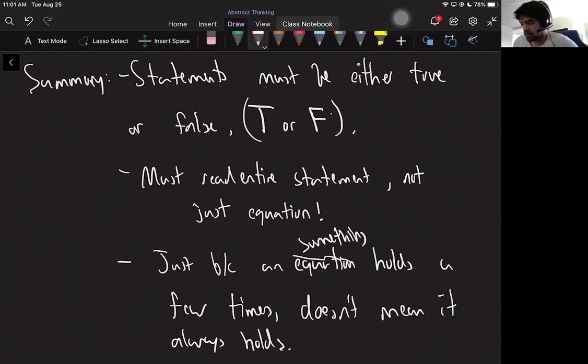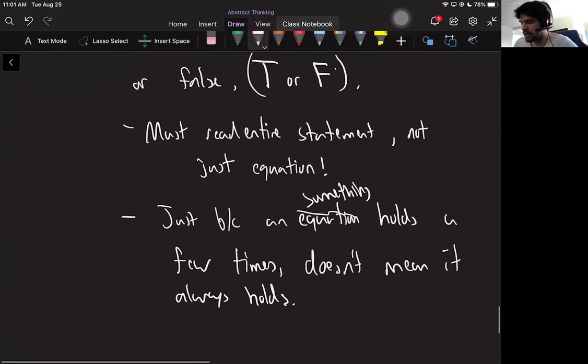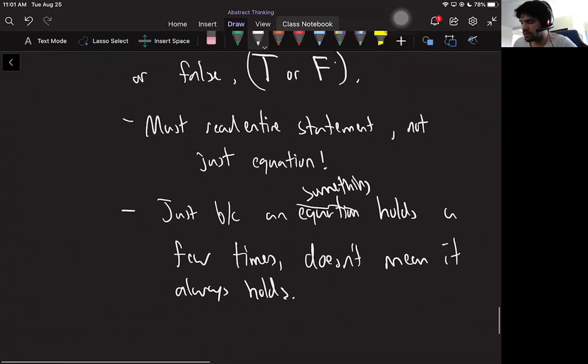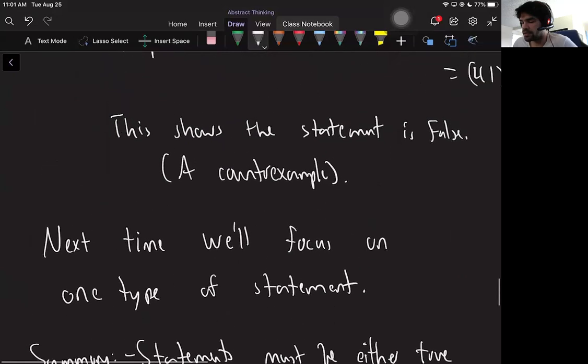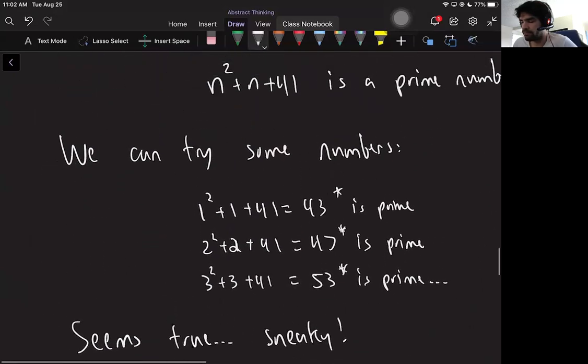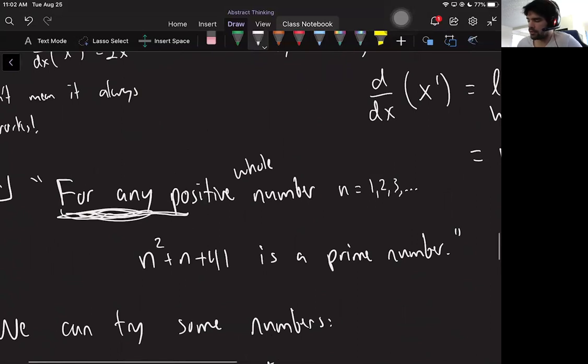So, although seeing that it holds sometimes might give you an idea that it holds all the time, you cannot use that as evidence, as an actual proof that it does. And it also tells you that you have to look at the entire statement, not just the something. If the entire statement is claiming that it's always true, like here, then you can't just try stuff to see if it's true or not, but maybe you can find a counterexample to show it's not true.